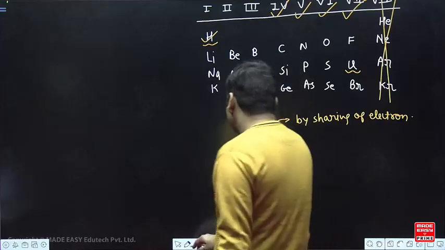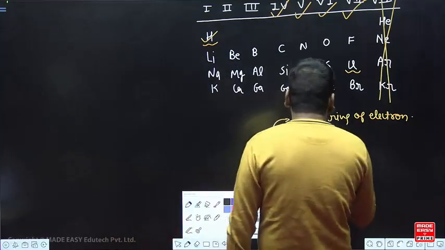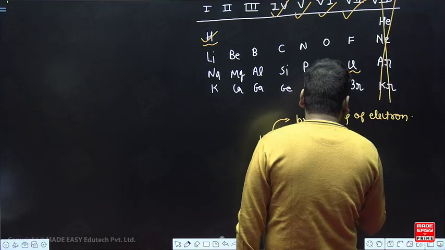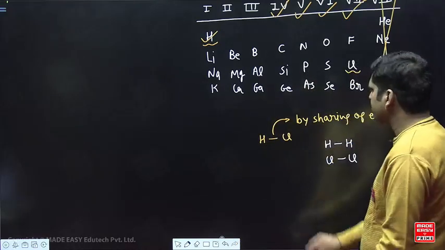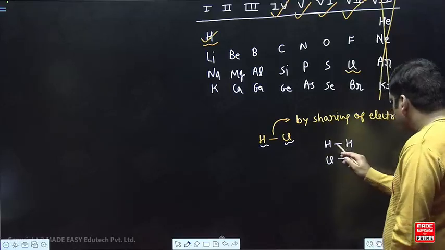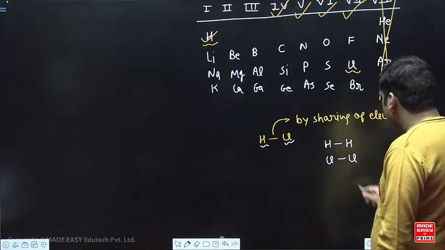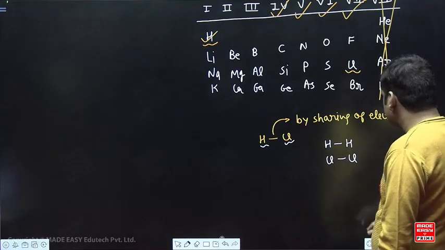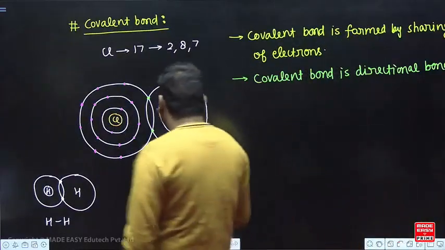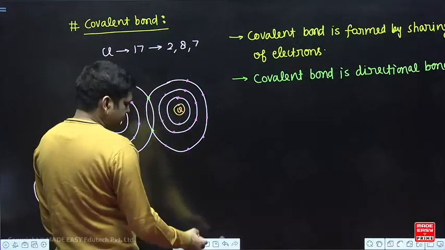But there is a fundamental difference between the covalent bond of hydrogen-hydrogen or chlorine-chlorine, between two identical atoms, and between two different atoms. You see here, the bonding pair electrons are attracted by both nuclei.